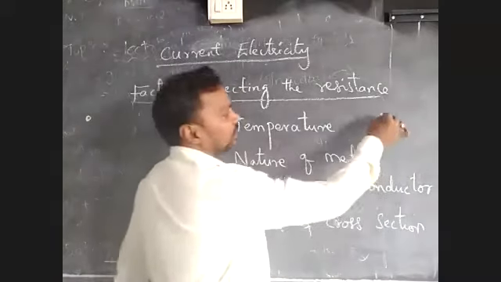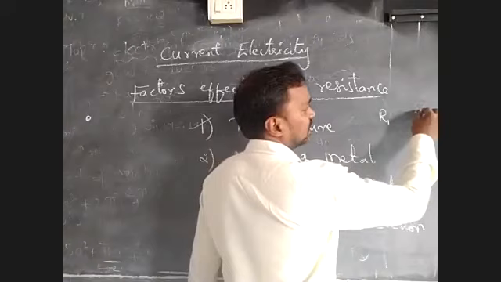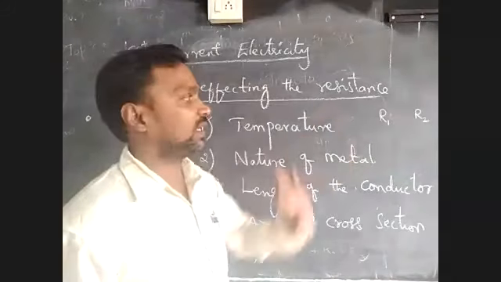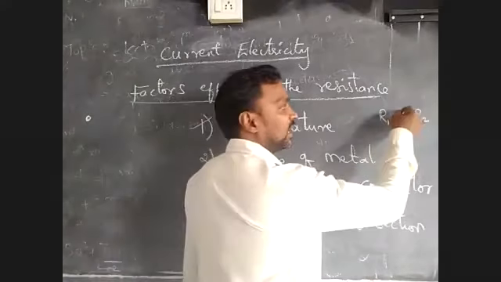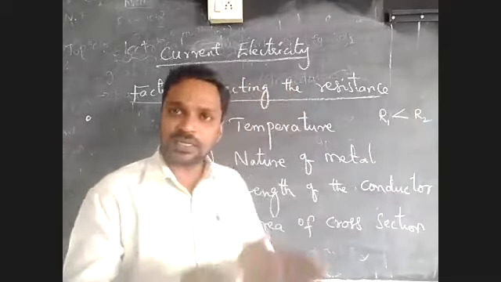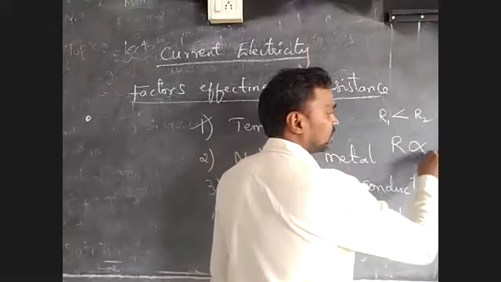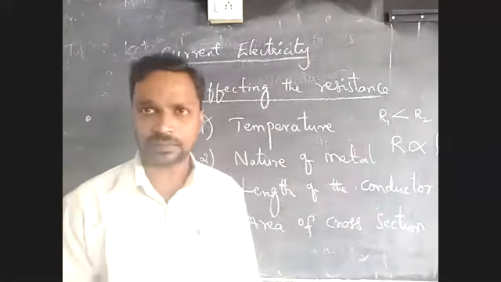If I assume R1 is the 1 meter wire and R2 is the electrical resistance of the 2 meter wire, the 1 meter wire will have less electrical resistance compared to that of 2 meters. That means it is directly proportional. Electrical resistance is directly proportional to the length of the conductor.